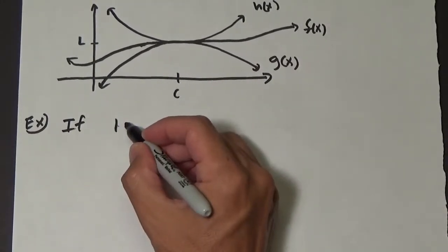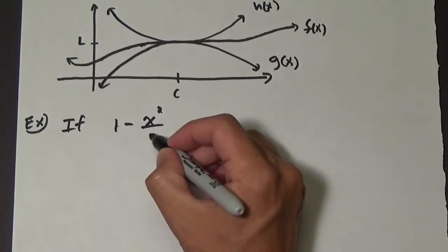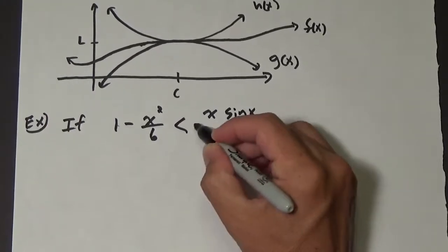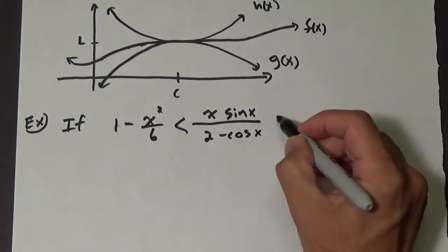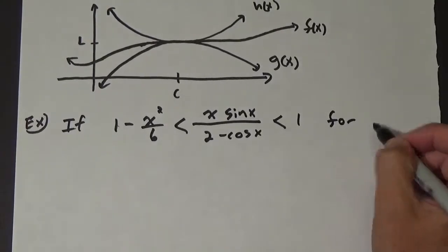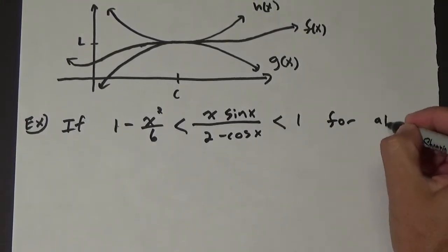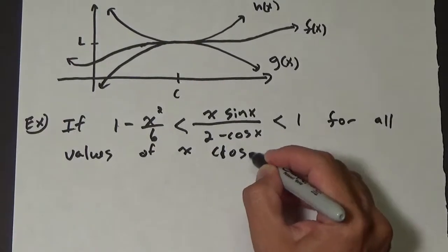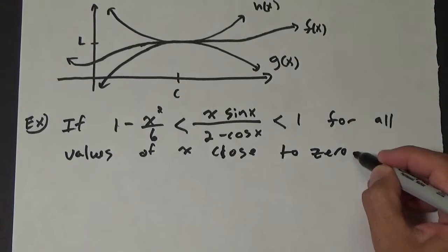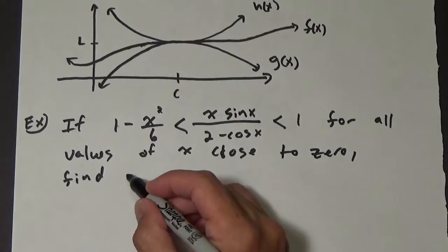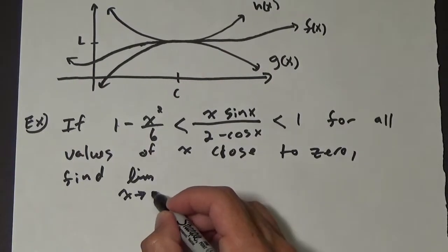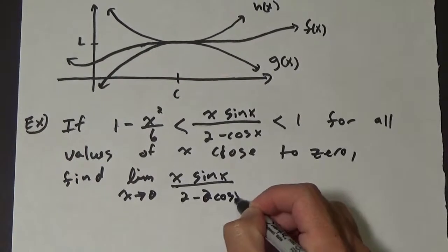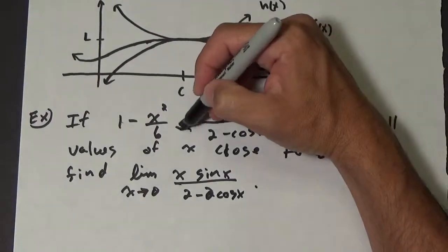If 1 minus x squared over 6 is less than x times the sine of x all over 2 minus the cosine of x, which is less than 1, for all values of x close to 0, we need to find the limit as x approaches 0 of x times the sine of x all over 2 minus 2 times the cosine of x. And I think these need to be less than or equal to's.